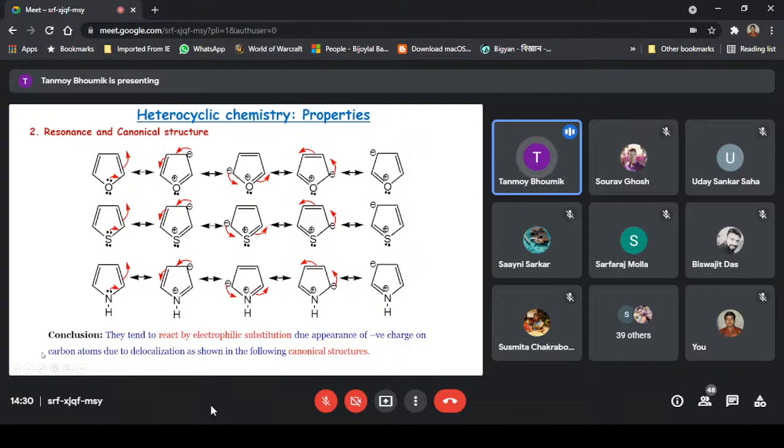So the conclusion is that whenever any position gets a negative charge, obviously the electrophile will attack there because of this negative charge.